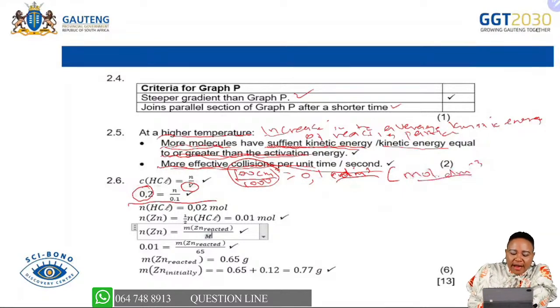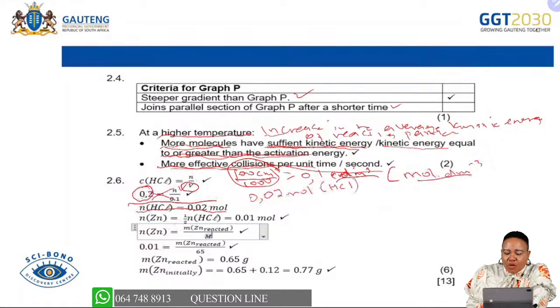So the concentration is going to be substituted, and then we're going to find the number of moles of our limiting reactant, which is hydrochloric acid, that reacted with zinc, so that we can find the number of moles of zinc that will react with hydrochloric acid. And the number of moles of hydrochloric acid that we get is 0.2 multiplied by 0.1, and we get 0.02 moles of what? Of HCl.